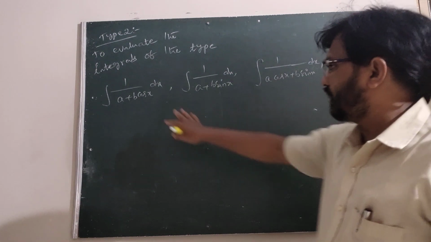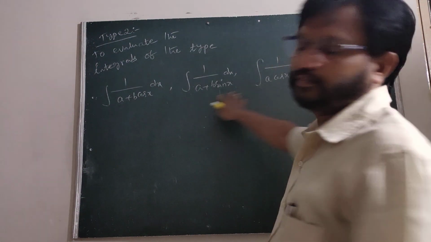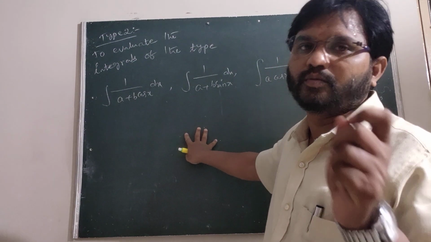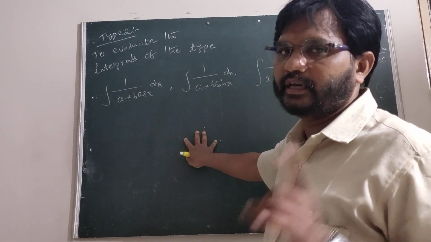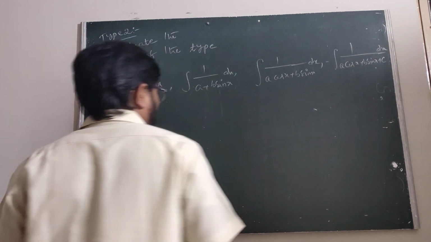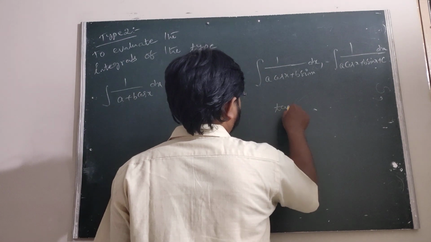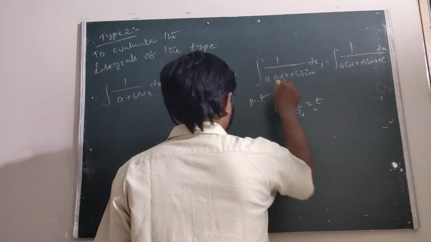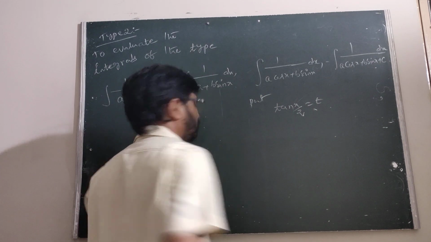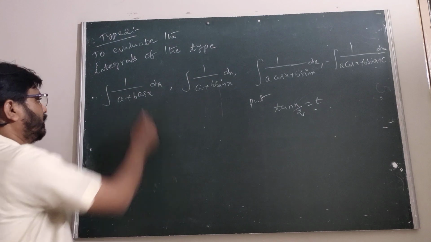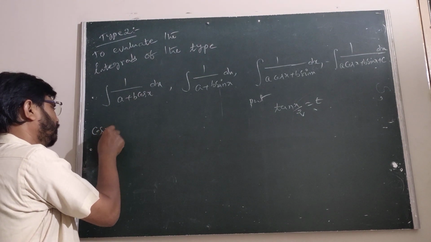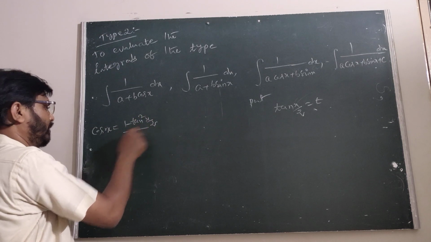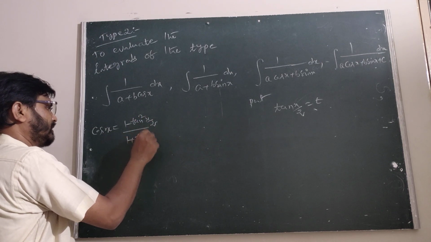To evaluate these types of integrals, we have to take a suitable substitution: tan x by 2 is t. When we take tan x by 2 as t, we know that cos x is of the form 1 minus tan square x by 2 by 1 plus tan square x by 2.